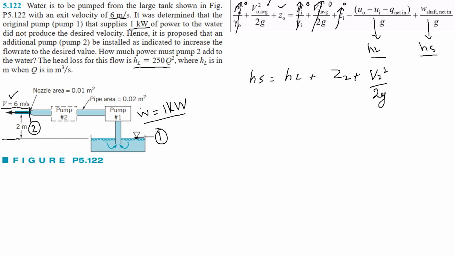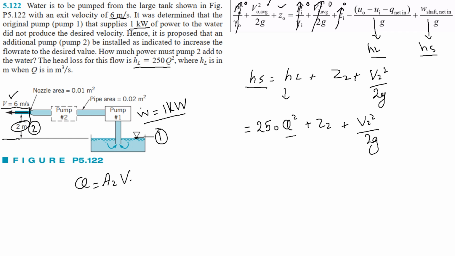For HL we are going to write 250 Q square, plus Z2 is also given, that is 2 meter, plus V2 square divided by 2g, as the exit velocity is also given. So what we need to find is the volumetric flow rate, which we can find from the exit area and velocity, that is A2 V2.